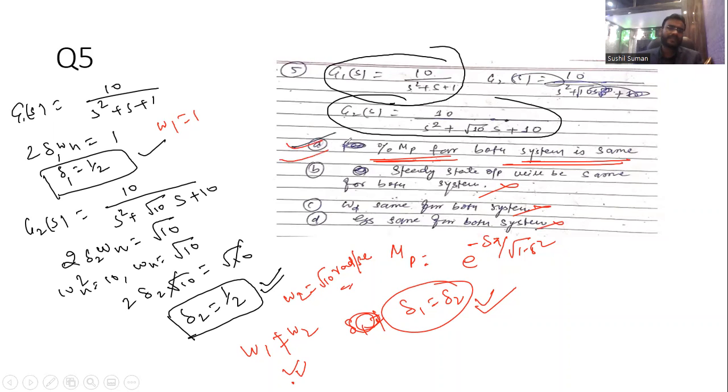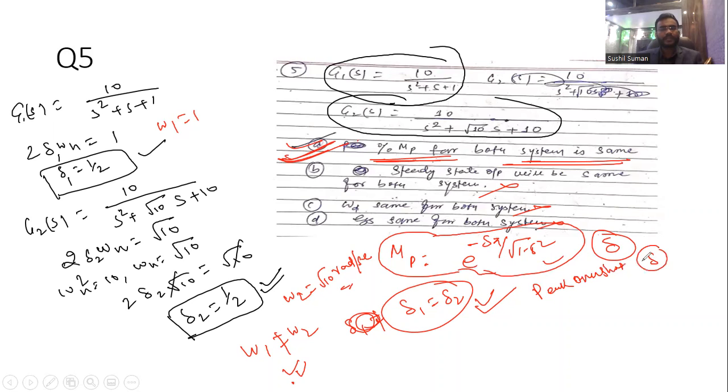So only one answer works: the percentage of peak overshoot. Why? Because the peak overshoot only depends on zeta, that is your damping ratio. Get it? So the answer will be option A.